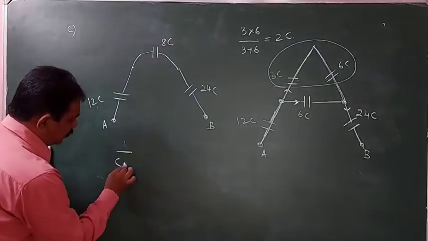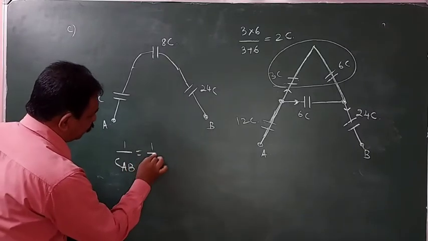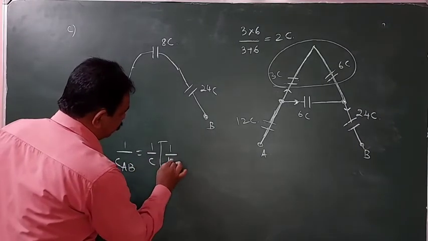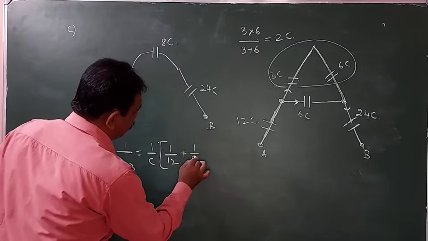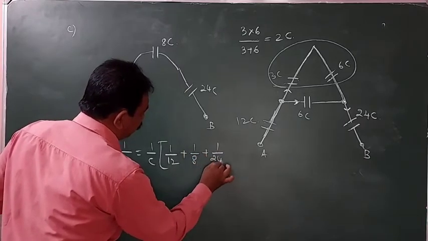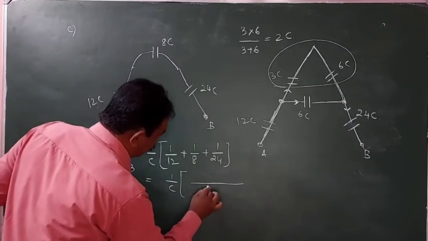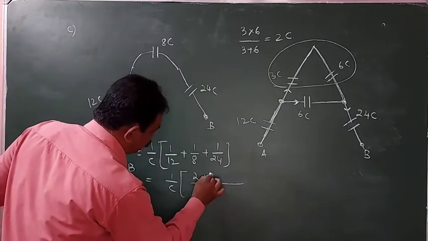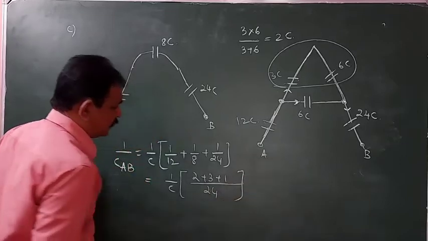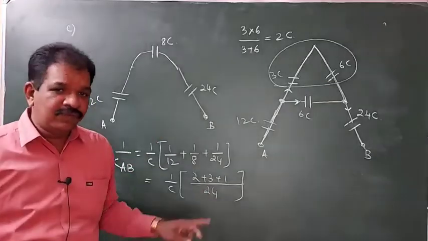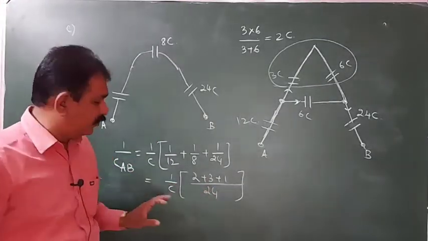So 1 by CAB is equal to 1 by C into 12 plus 8 plus 24. LCM value will be 24. Here this is 2, this is 3, this is 1. 6 by 24 means 1 by 4.